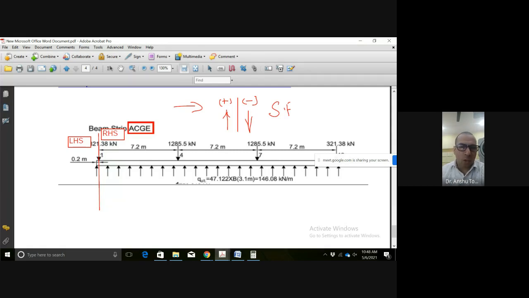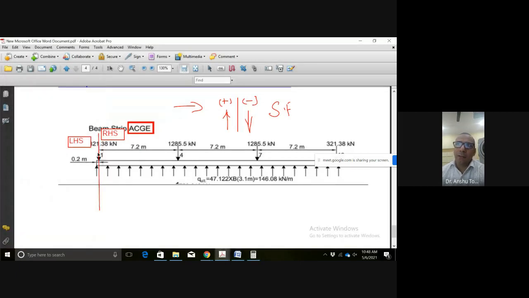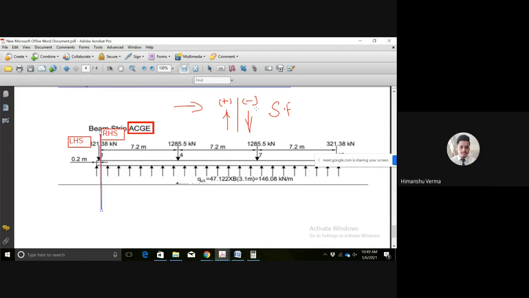So plus 29.216, the value we have got here, but this is acting when we move to the left hand side, because if we shift it here, it becomes the left hand side. When it is the left hand side and the arrow is downward, as per this sign convention, it will be minus. Am I right? Yes, sir. So plus 29.216 minus 321.38.